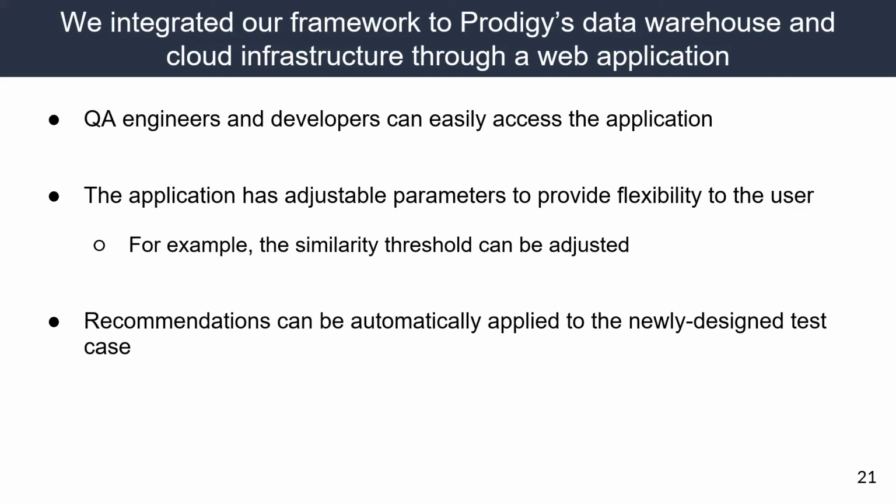Also, the recommendations can be automatically applied to a newly designed test case. We made this integration with their testing platform in a way that if they want to accept a recommendation, they can just click and the application will automatically modify the description of the new test case and apply the recommendation automatically.